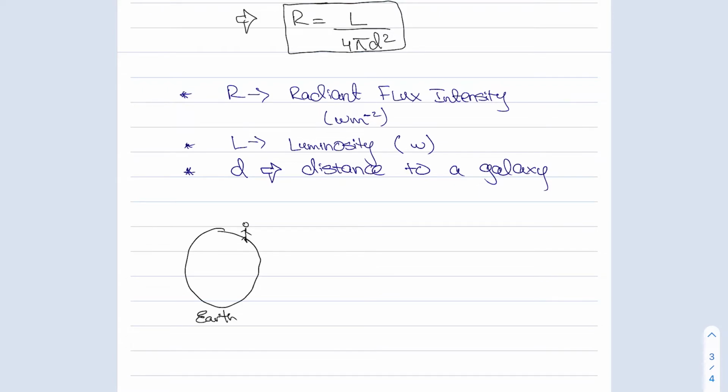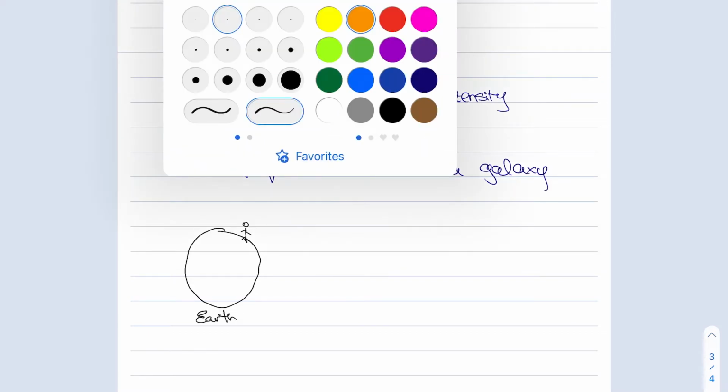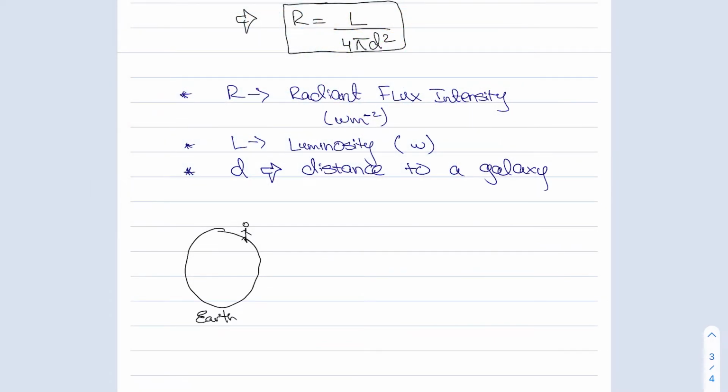We'll talk about what kind of star you observe in the upcoming lectures, but you observe a star in a distant galaxy, and you use the luminosity of the star and the radiant flux intensity of the star to find the distance to the galaxy, right?